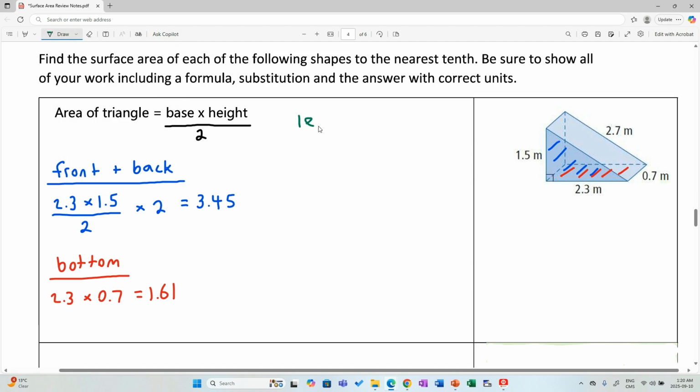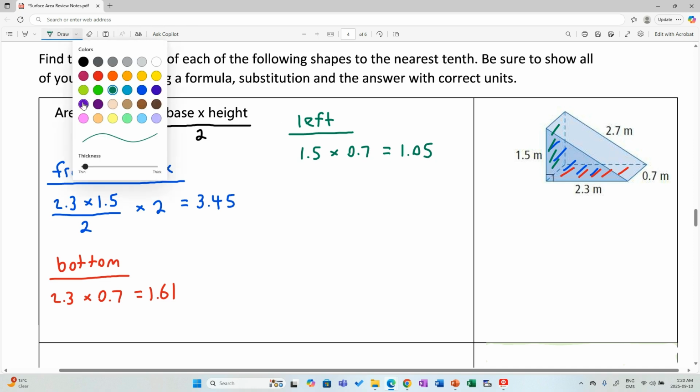Okay, now let's find the left side. So the left side is simply going to be 1.5 multiplied by 0.7. The left side is right here. So I have 1.5 multiplied by 0.7, and I'm going to be getting 1.05. Now let's finally look for the right side. You can call it the top.